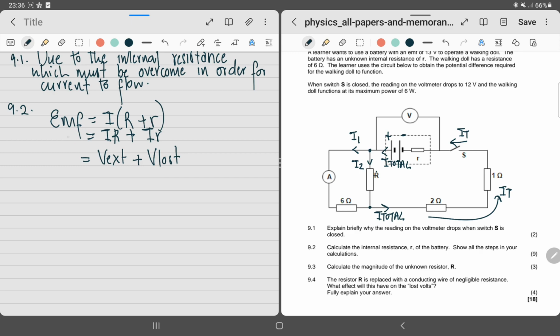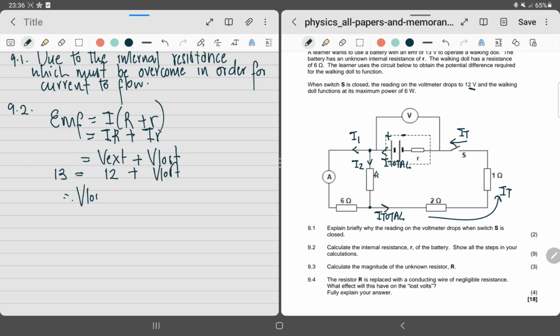So currently we have the EMF and the V external, because remember, when switch S is closed, the reading on the voltmeter drops to 12. So it means that the voltage that's being supplied to the external circuit must be 12 volts. So the EMF is 13 and V external is 12 plus V lost.